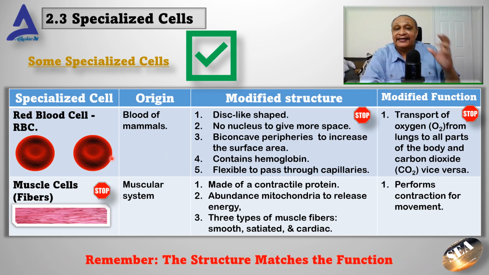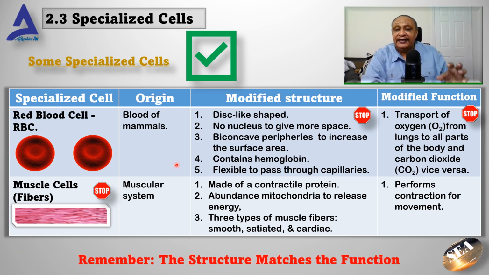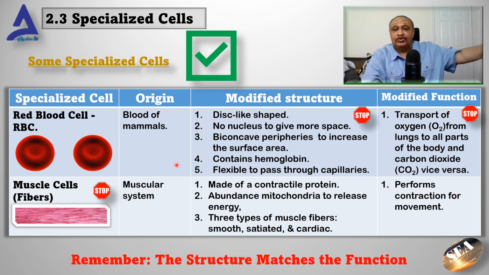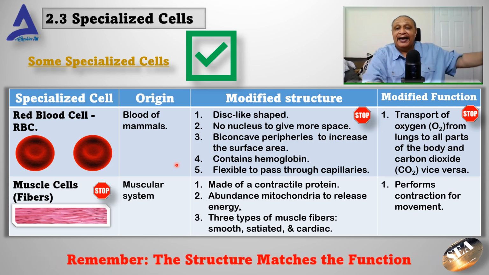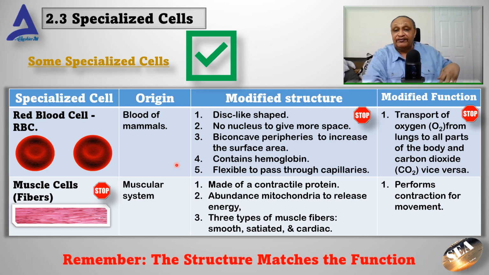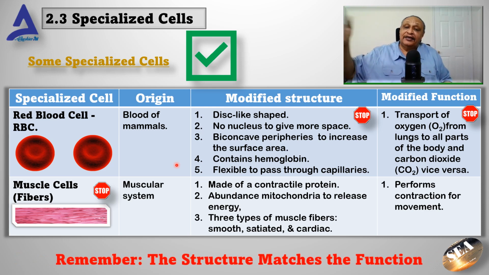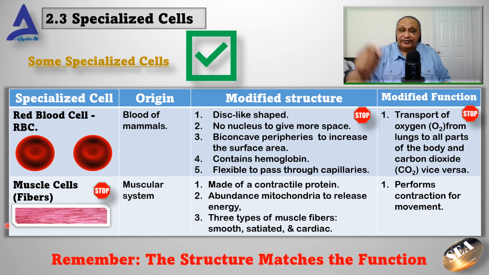This is just a passive carrier. It takes oxygen from the lungs to all parts of the body, and then from all parts of the body it takes carbon dioxide to the lungs to be expired outside the body.